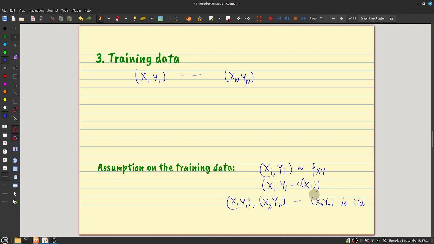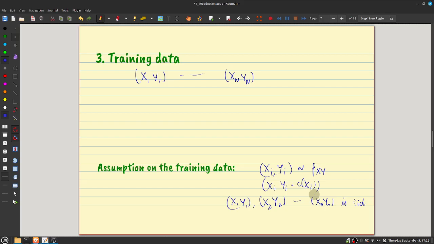Even if it is not IID, let's assume it's drawn according to a Markov distribution or something, many of these results will still carry forward. But in making those assumptions, you are increasing the number of assumptions that you have. Right now, the only assumption about the ground truth itself is that it's according to Pxy.